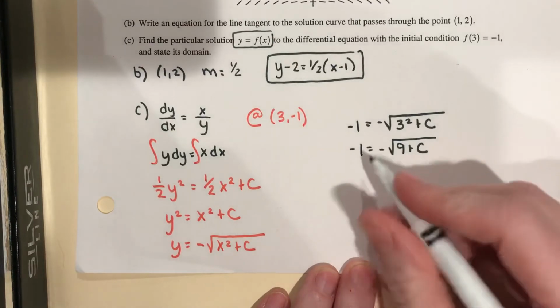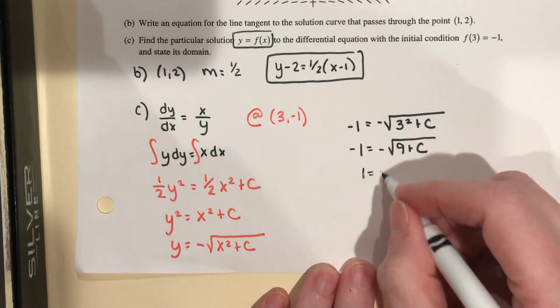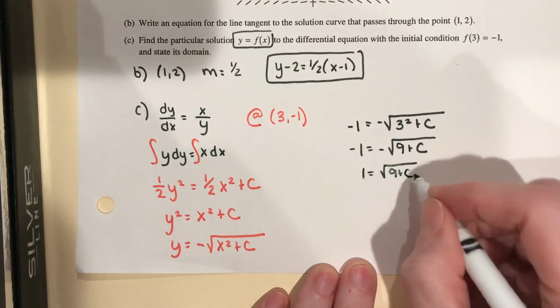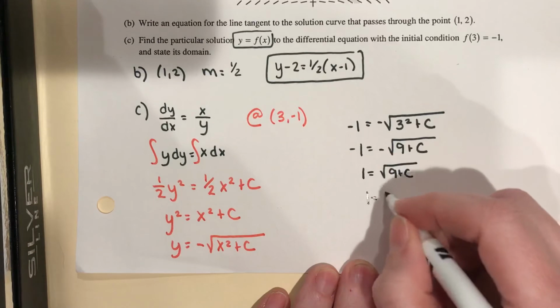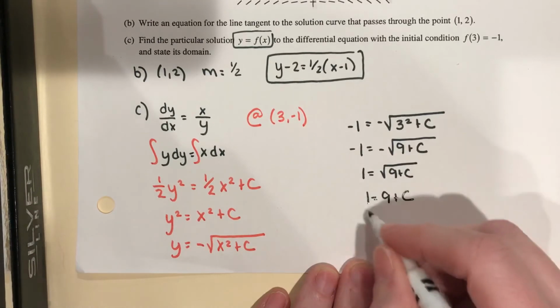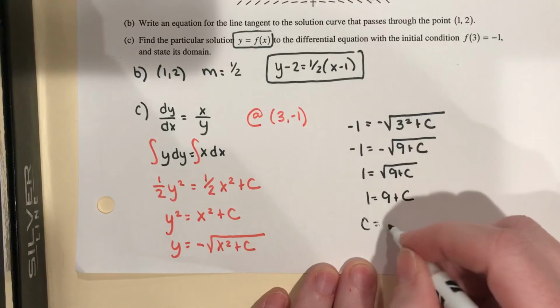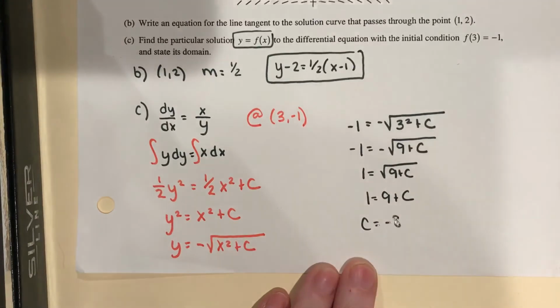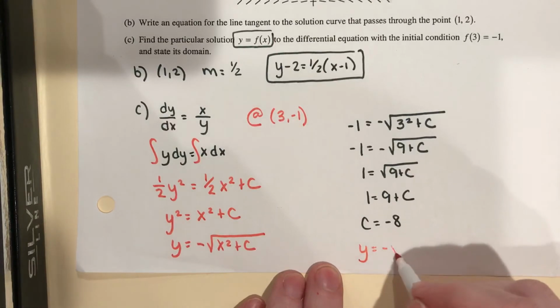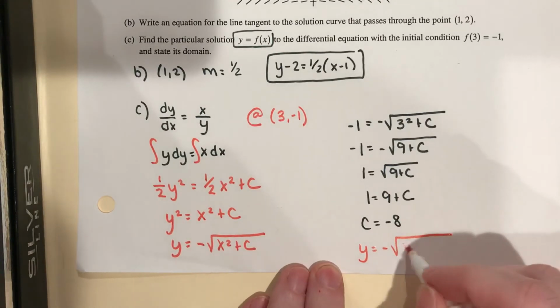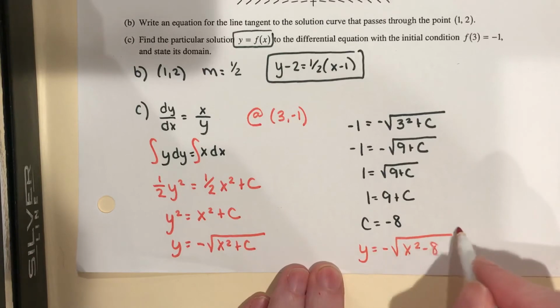I'm going to move this negative over, which really just gives me 1. I'm going to undo the square root by squaring both sides. That gives me 1 equals 9 plus c. Subtract 9, c would be -8. So my particular solution now would be y equals negative square root of x squared minus 8.